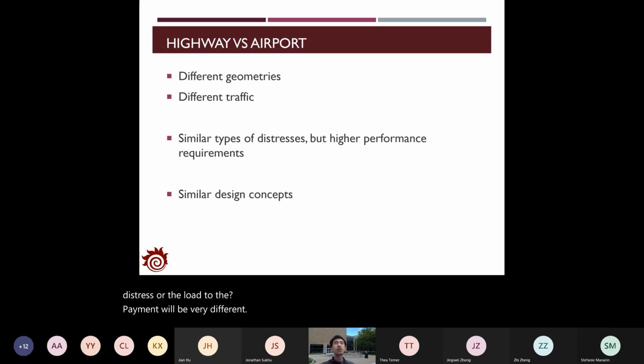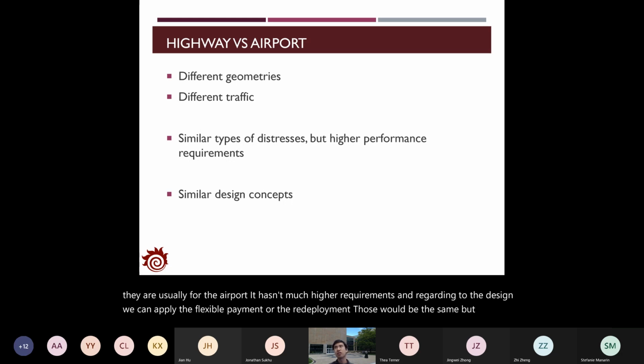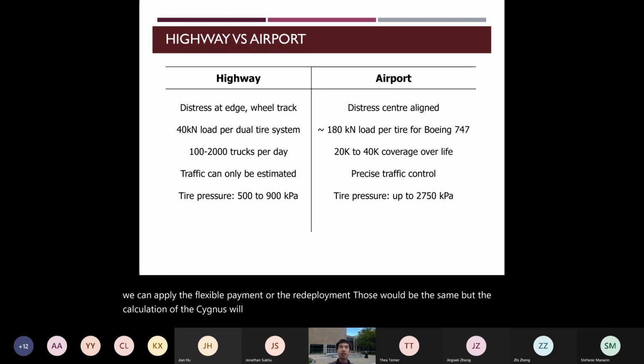For the types of distress, highway and airport pavement will be similar, but usually the airport has much higher requirements. Regarding the design, we can apply flexible pavement or rigid pavement; those will be the same, but the calculation of the thickness will be different.